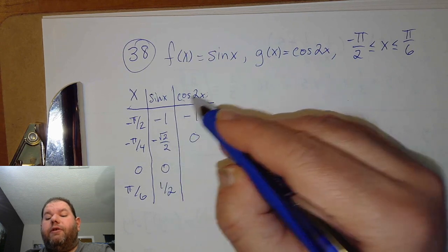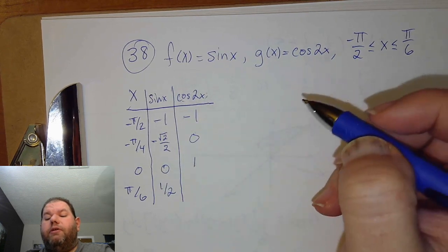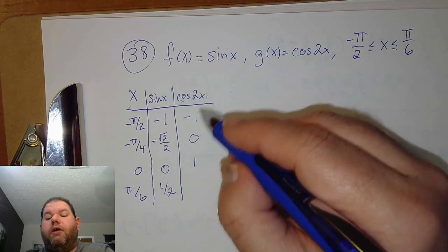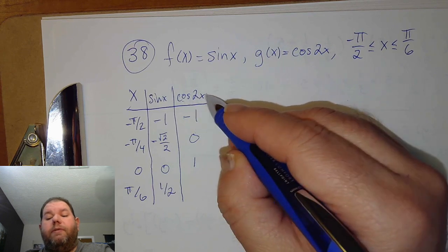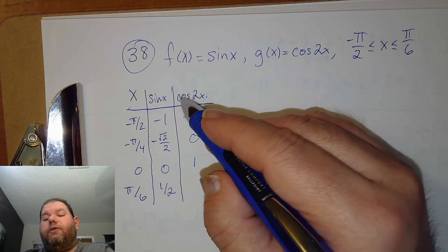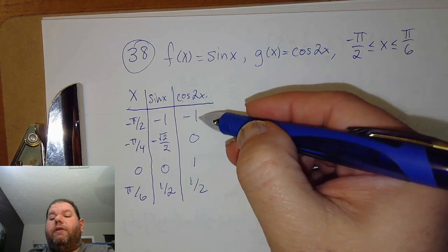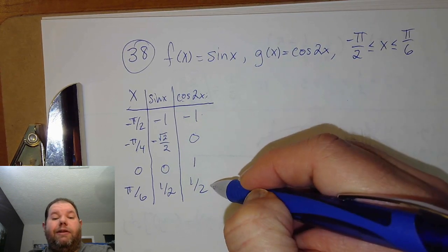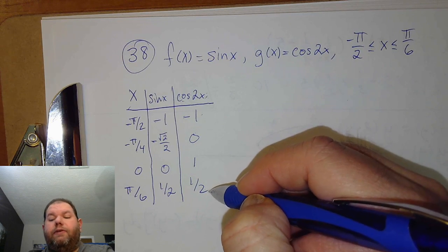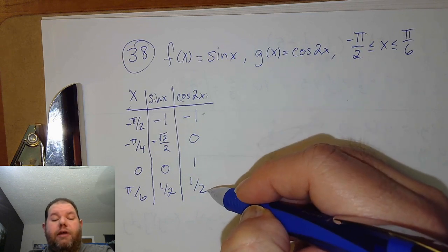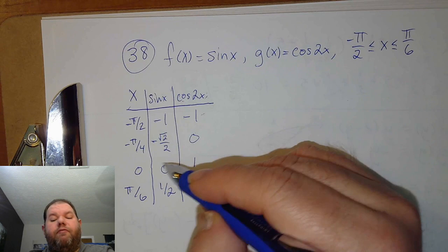Plug in 0, cosine of 0 is 1. And plug in pi over 6, and cosine 2 times that is pi over 3. Cosine of pi over 3 is 1/2. So it looks like these actually start and end at the same points. So these are points of intersection for these two graphs, but they have different values in between.